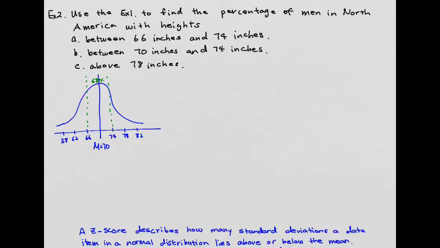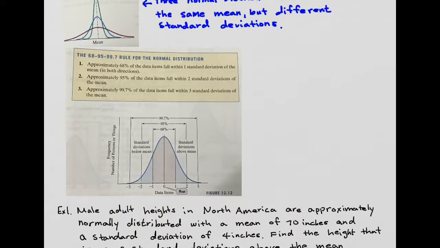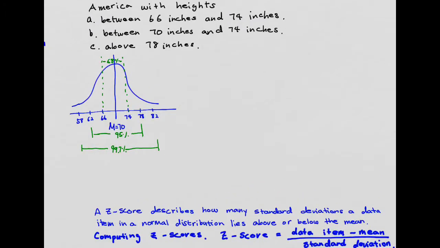Then for the second standard deviations, it is going to be 95%, and the third is going to be 99.7%. That was the rule we had if we go back to it. Remember this rule right here: first standard deviation, second and third. So using that, this is the number we get.